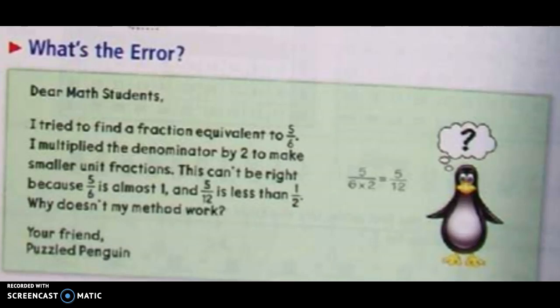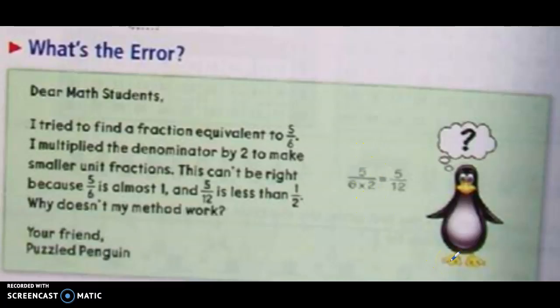Here is a common error that lots of people make. Here's Puzzled Penguin. Dear math students, I tried to find a fraction equivalent to 5/6. I multiplied the denominator by 2 to make smaller unit fractions. This can't be right because 5/6 is almost 1 and 5/12 is less than a half. Why doesn't my method work? What did he forget to do? He forgot to multiply both the numerator and denominator by the same number.